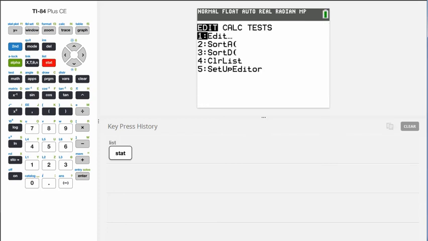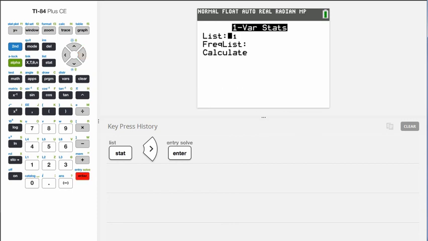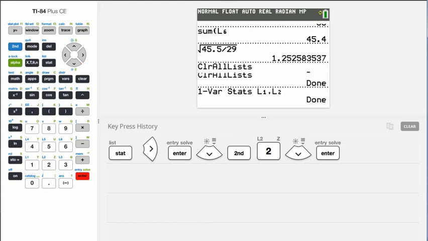This time, instead of filling up my L3, L4, L5, and L6, I'm going to click on Stat again, arrow over to Calc, choose 1-Var Stats, enter. I want my list to be L1, arrow down. This time my frequency list is in L2. We actually have frequencies this time. So second 2 gives me L2, arrow down, press enter for calculate.